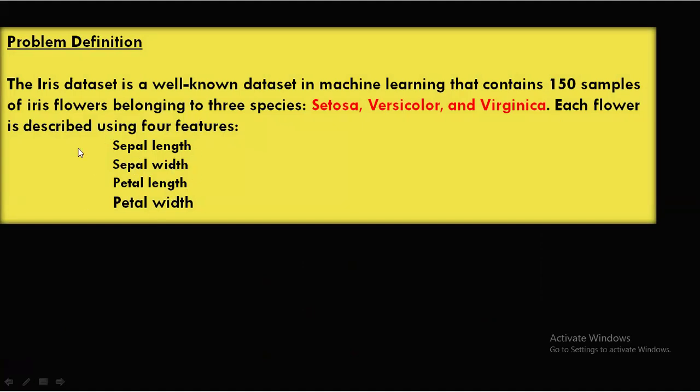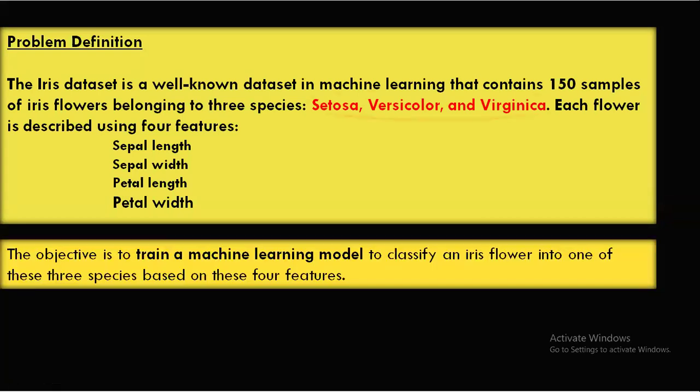With the combination of these four features or columns, we can define what category or type each iris flower is. That is what we are going to do. So the objective of this project is to train your machine learning model to classify the iris flower into one of these three species based on the four features.